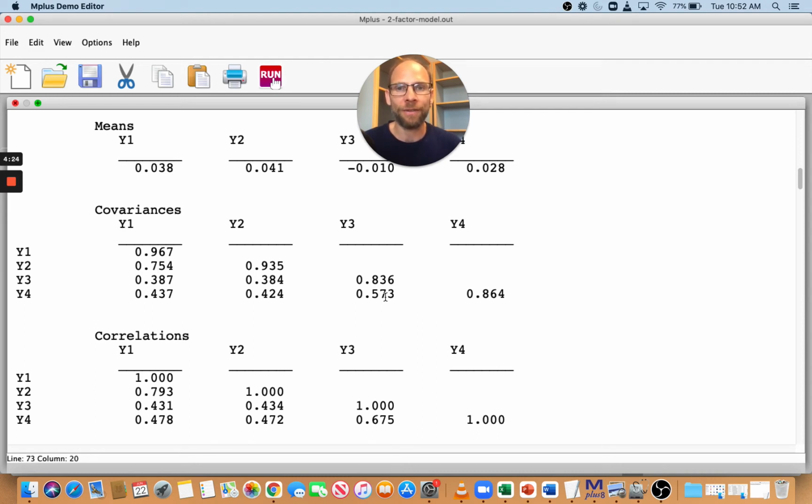And so if there are no linear relationships between the variables, if they are uncorrelated or have 0 covariances, then it doesn't make sense to have a factor model, for example. Like in this case, I fit a 2-factor model to these data, and so if there weren't any covariances that were different from 0, then the 2-factor model would be nonsensical.